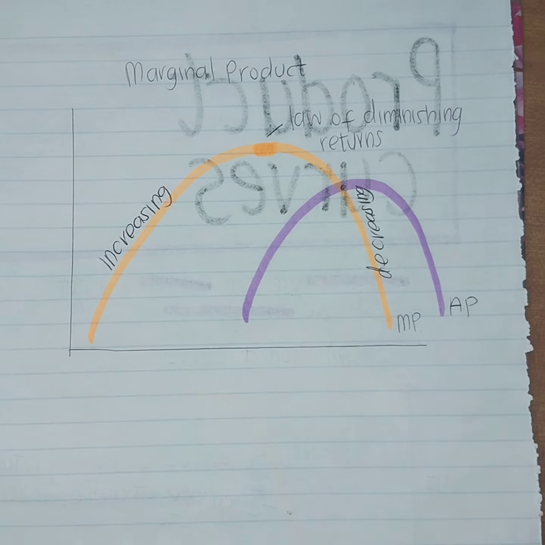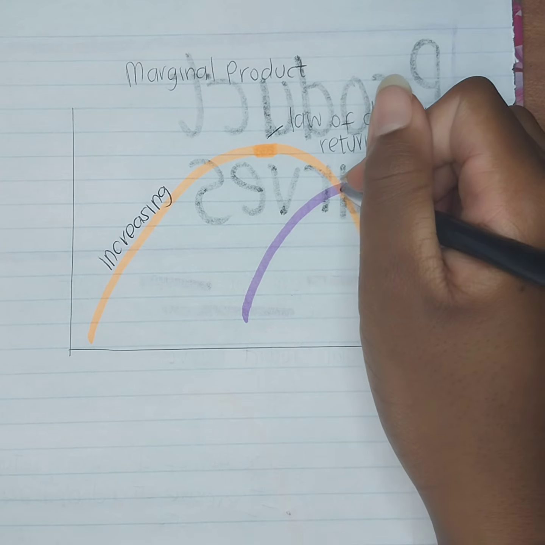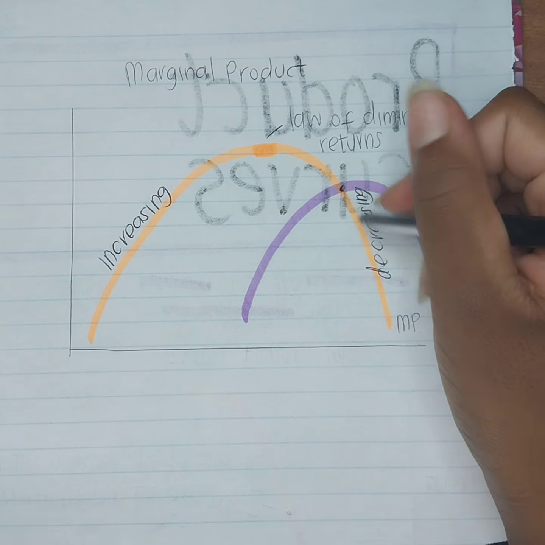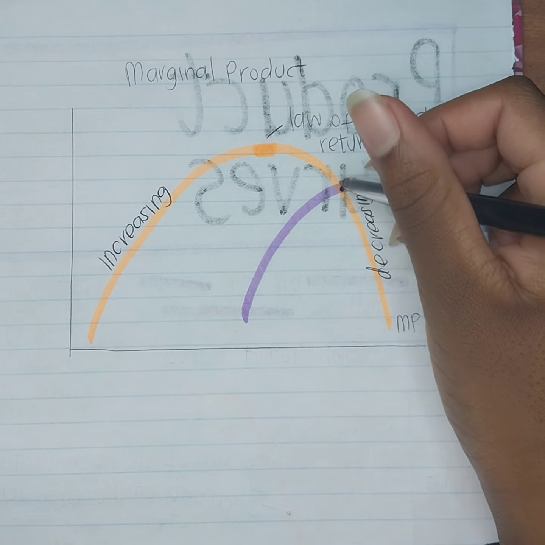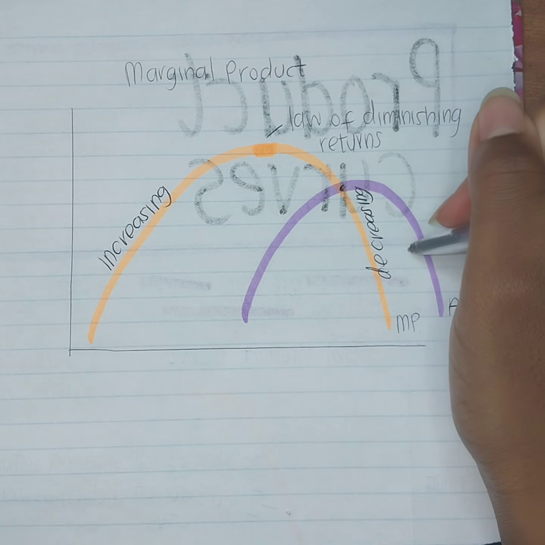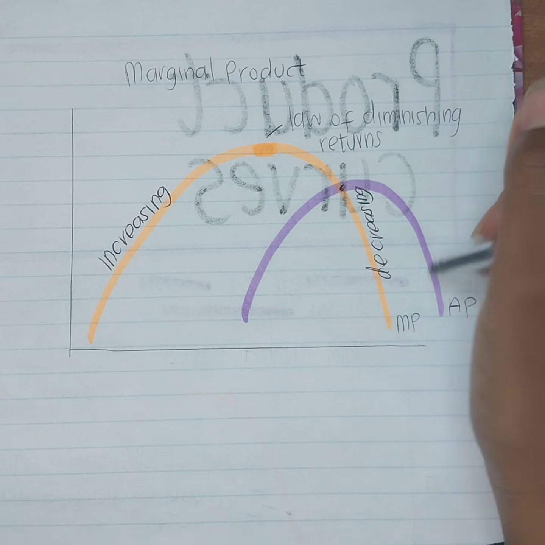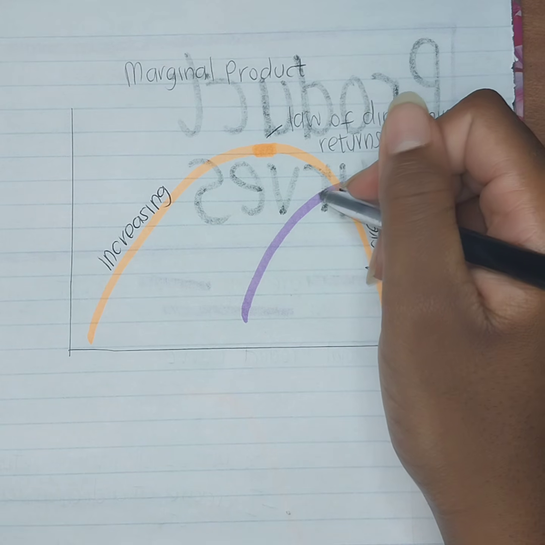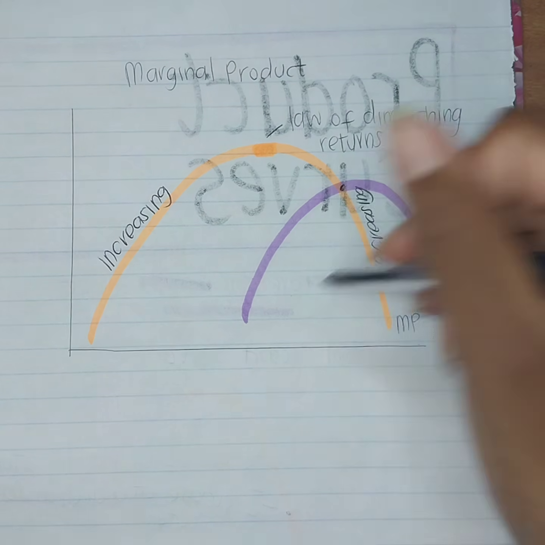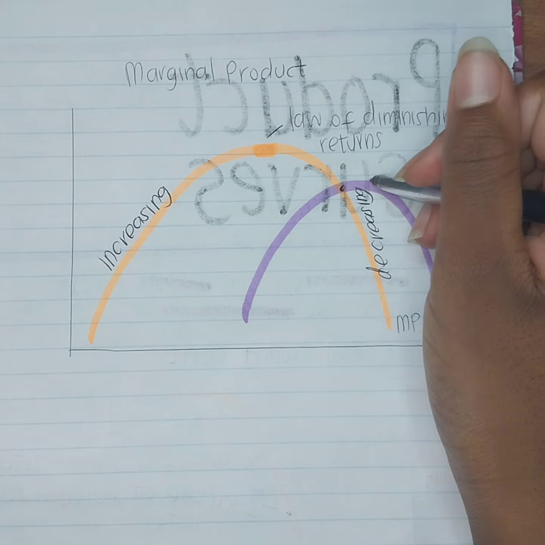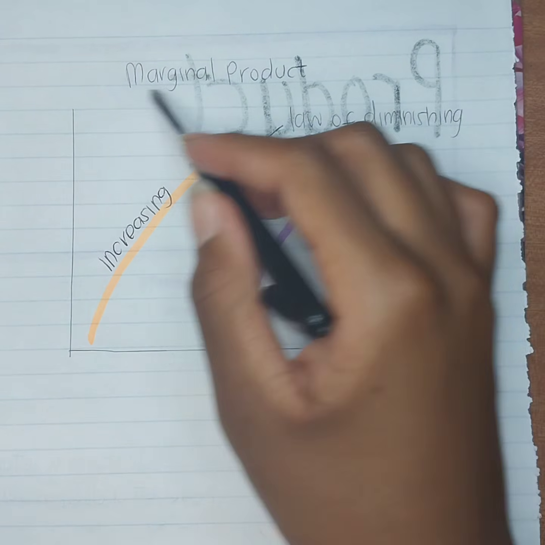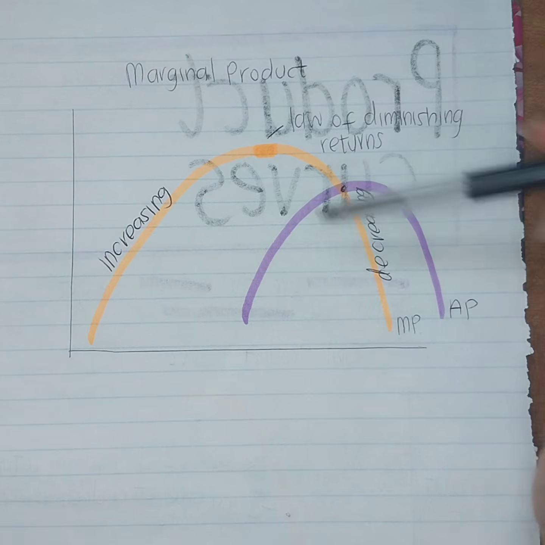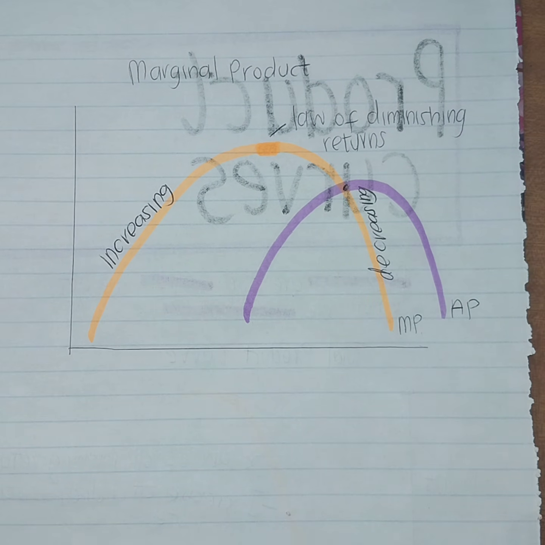No, it doesn't look like the maximum, but yeah, it cuts it at the maximum. So basically when the marginal product is below the average product, the average product will decrease. If the average product is below the marginal product, the average product will increase. So that is the relationship between my marginal product and average product. You just need to look at your curve and analyze it, right?